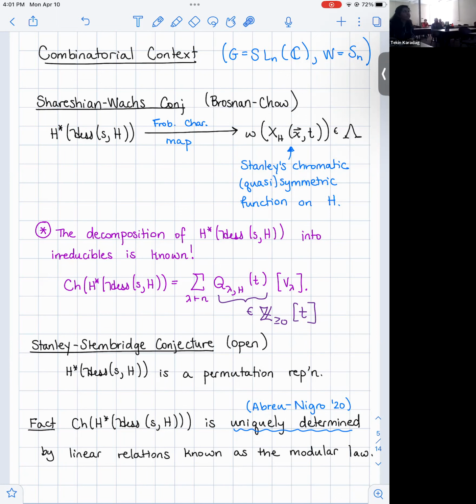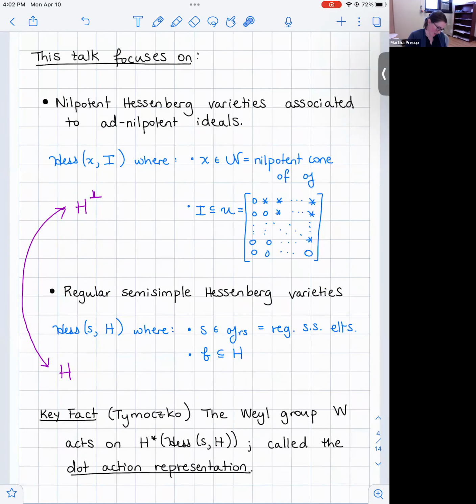My question is, is there a version of partial Hessenberg varieties? I mean, spaces that are fixed by a parabolic subgroup. Yeah, so absolutely. Yes, there is. So you can certainly say, let me go back to just that definition.